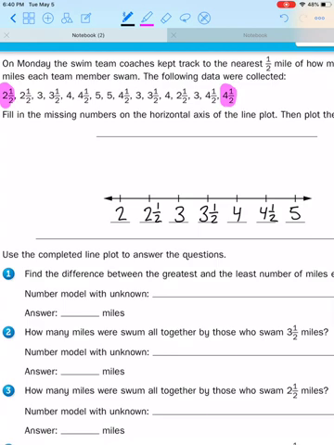So now we have to give our line plot a title. So what is this data showing us? It is showing us Monday's swim data. If you had a different title, that is totally okay.